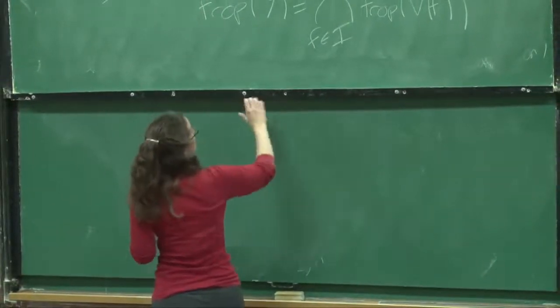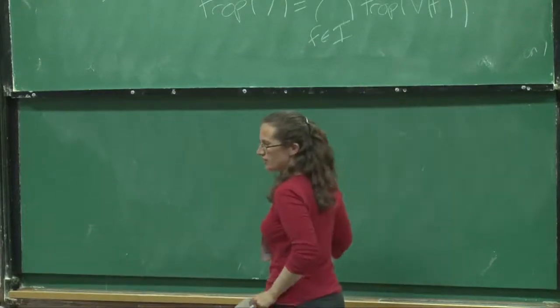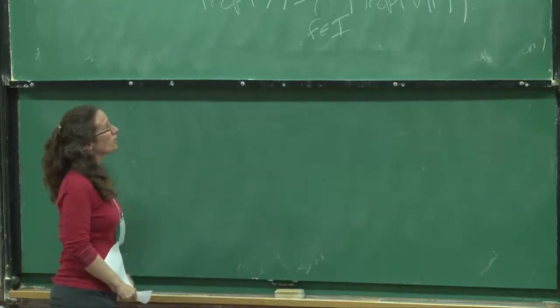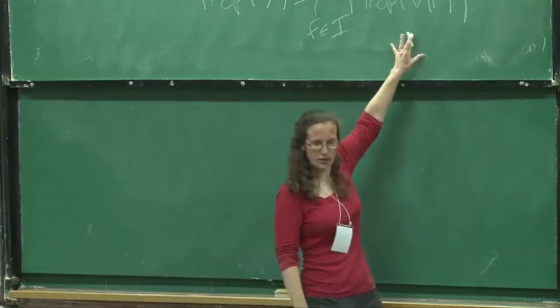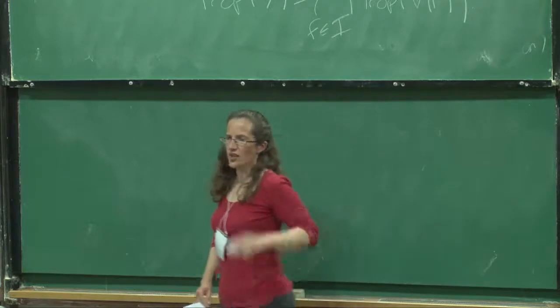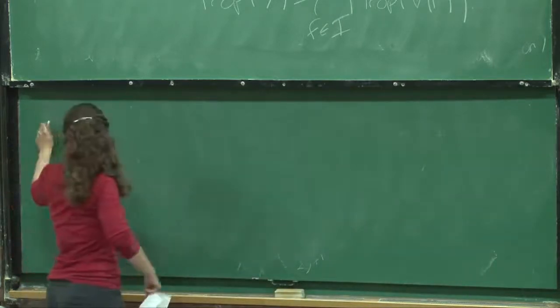Yeah, so the definition of this was: take the polynomial, tropicalize it, take its tropical hypersurface. But this was the notation I chose. Okay. Let's do some examples.